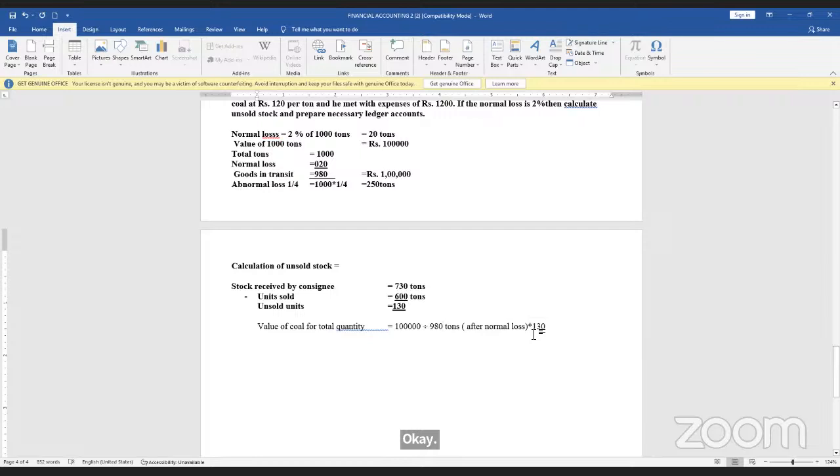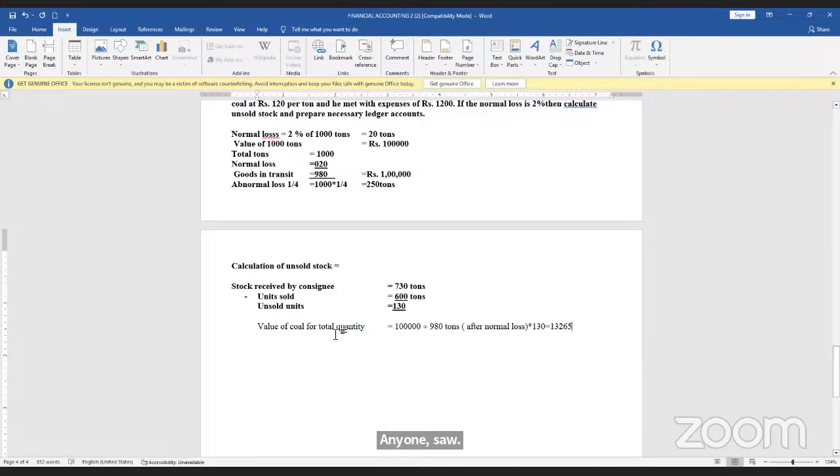1 lakh divided by 980 into 130, you'll get 13,265. Anyone solve? 13,265.